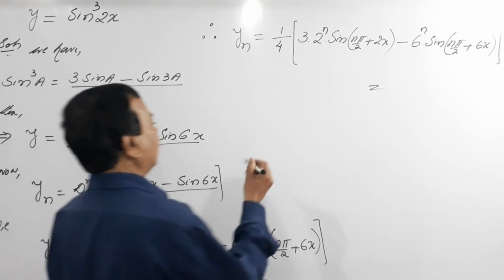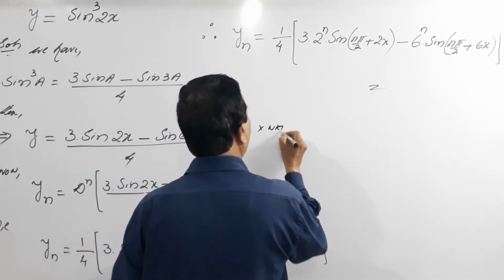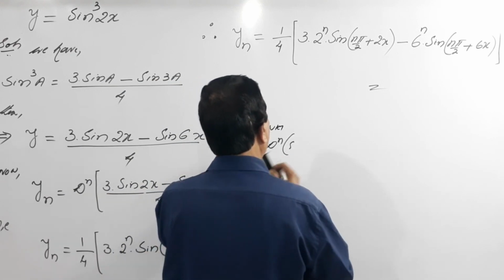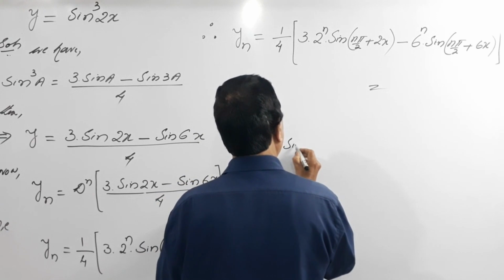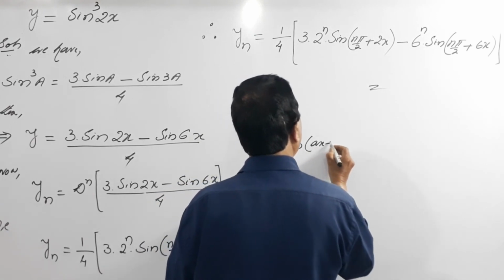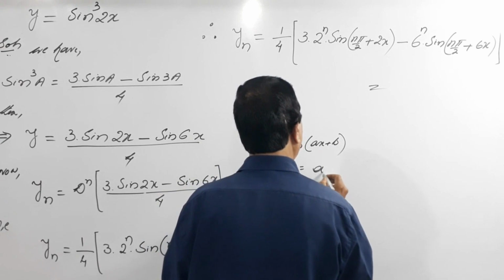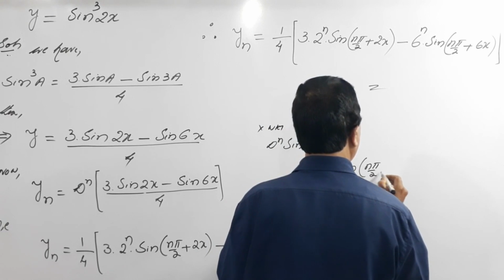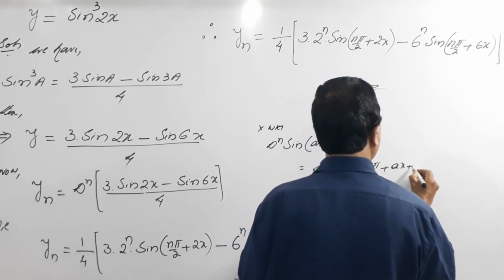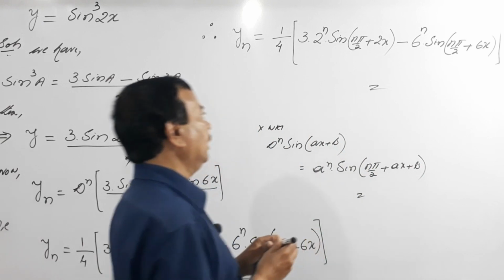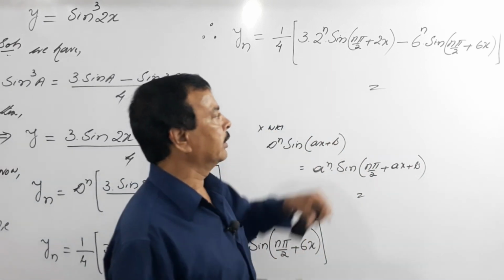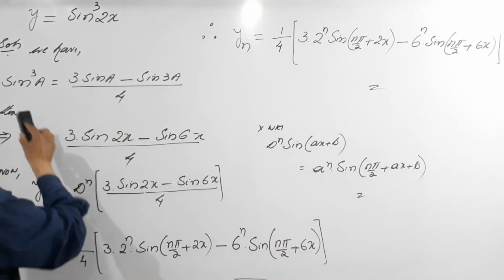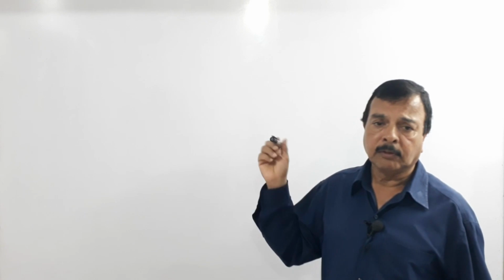We know the formula: dn of sine of ax plus b equals a to the power of n sine of n pi by 2 plus ax plus b. This is the formula I have used here. So dear students, we'll go for the next problem.